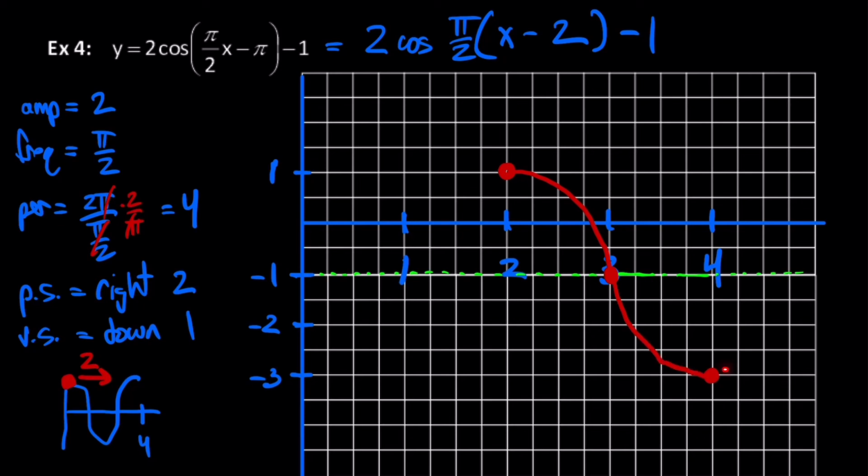And I could continue it this way if I had more room, but if I just need one cycle, obviously I'll bring this back to the y-axis like so. Just follow the pattern. Midline here, minimum there. Concave down, concave up. All right, and there's one cycle of that equation.